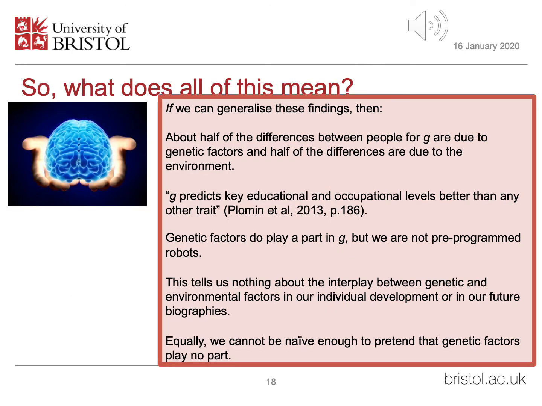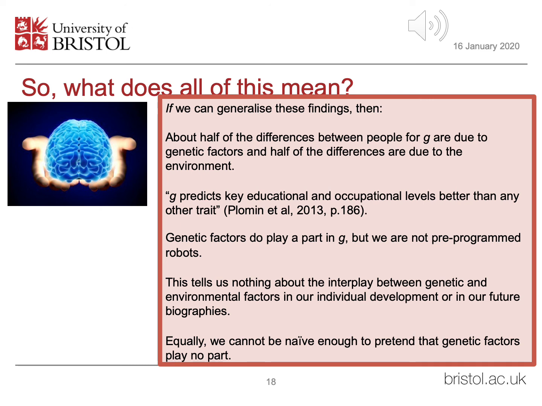If we can generalise these findings, and Robert Plomin is confident that we can, then about half the differences between people for G are due to genetic factors, and half of the differences are due to the environment. As Plomin says, G predicts key educational and occupational levels better than any other trait.